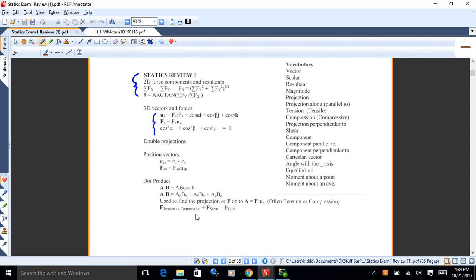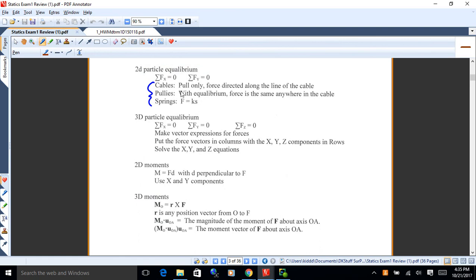So the total force is made up of the component parallel, or the component that is a projection of the force onto the line, which is either tension or compression, and the shear. So you can use this vector equation here, F compression or tension plus F shear is F total. So if you've got one of these things, you can find the other by taking the total minus the one you've got.